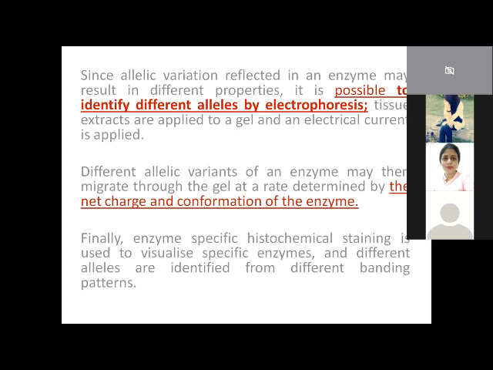So if different forms of the same enzyme have different charges, their movement on the gel will be different. The speed of band migration, from the negative to the positive end, will be different, so we can determine that variation simply by the migration. Different migration gives a different band pattern.